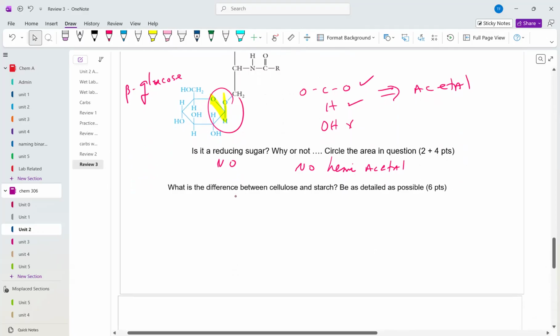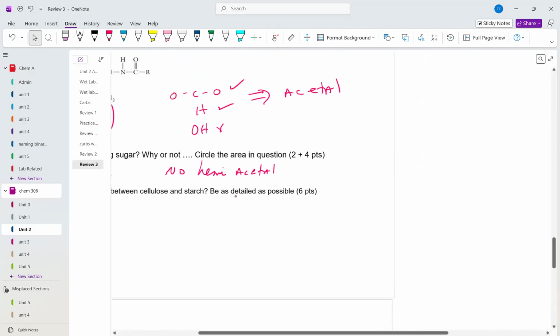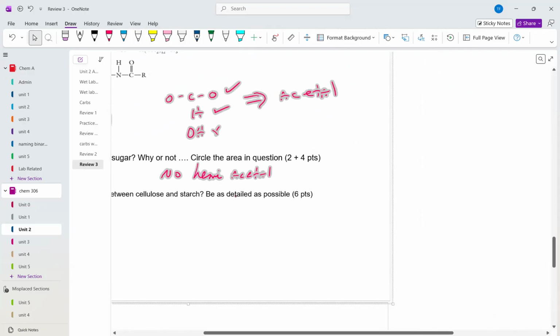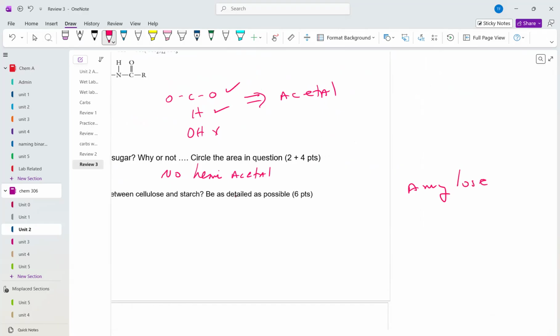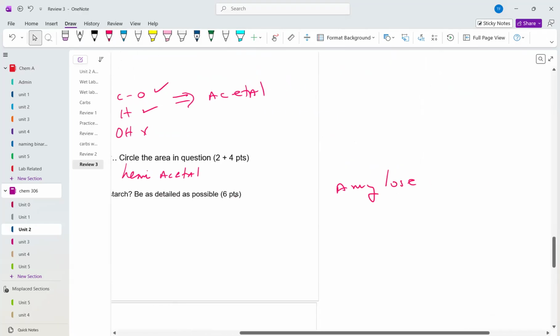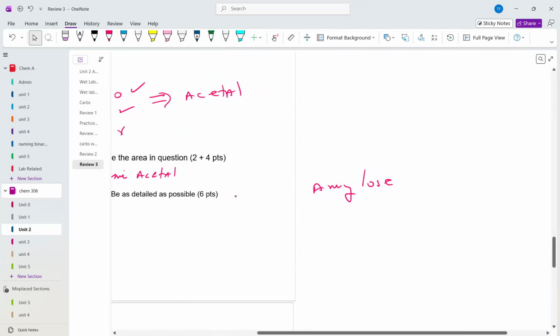Okay, polysaccharides. There were three, actually four. You had amylose, which is considered starch.